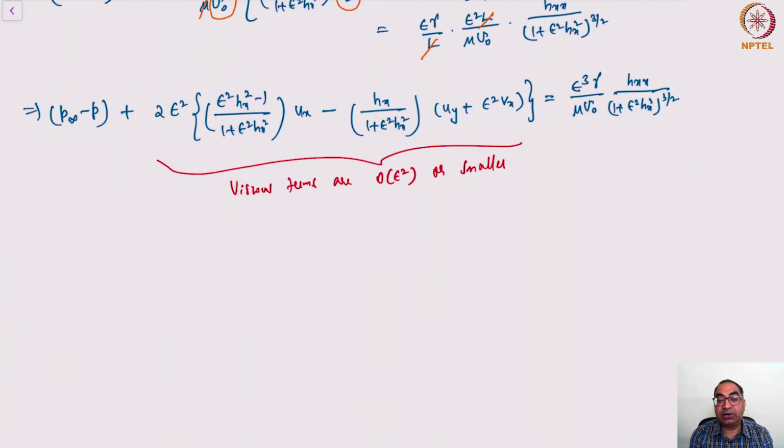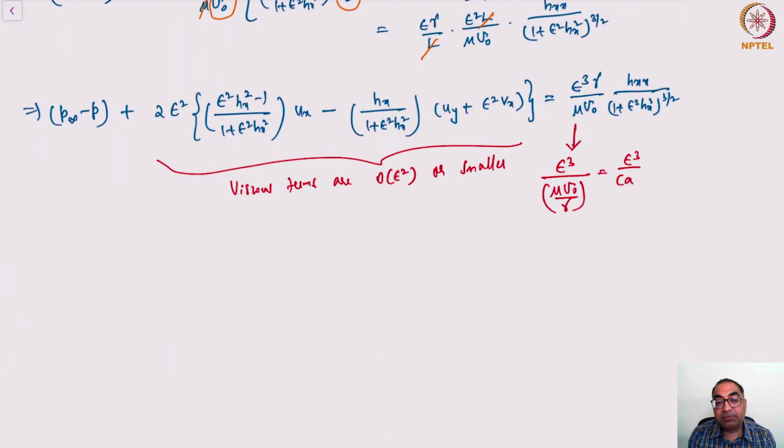So that's an order epsilon to the power of 4. So we know that these are small terms, small compared to what? Compared to the order 1 terms on the left hand side. Okay. What about this term? Now if you notice here, this is epsilon cube divided by mu u naught by gamma. This is nothing but epsilon cube by capillary number.